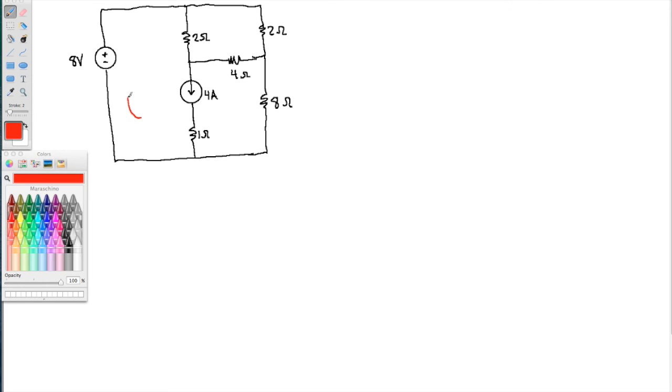Alright, so let's call this current I1, this mesh current I2, and this mesh current I3. Remember, a supermesh is a mesh when 2 meshes share a current source.